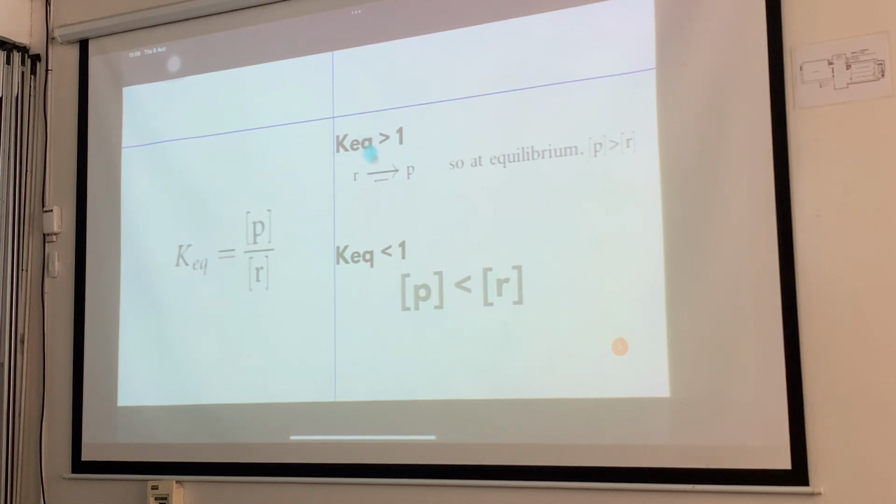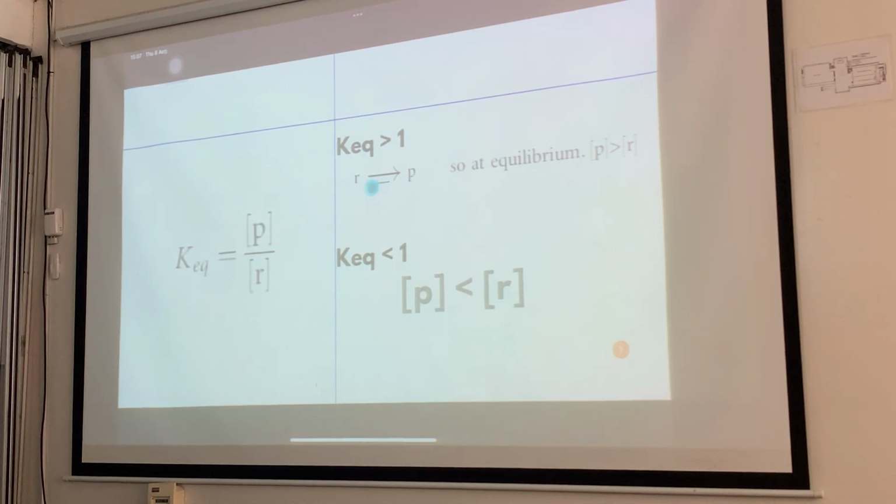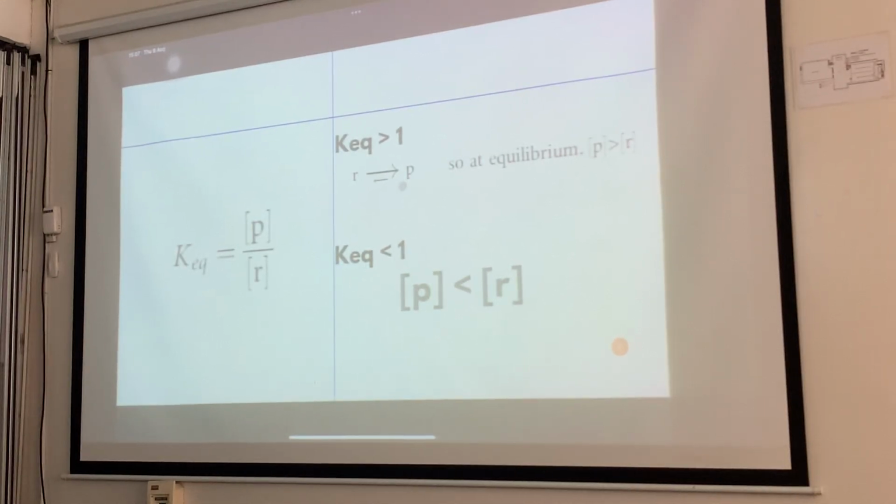So if the value of Keq is high, then most likely the reaction will go forward. It's harder now to go back. Okay? That's why you have an arrow that is longer, as you can see. Right? Can you appreciate that at that side? Because the projector is not so good. You can still see? Okay.